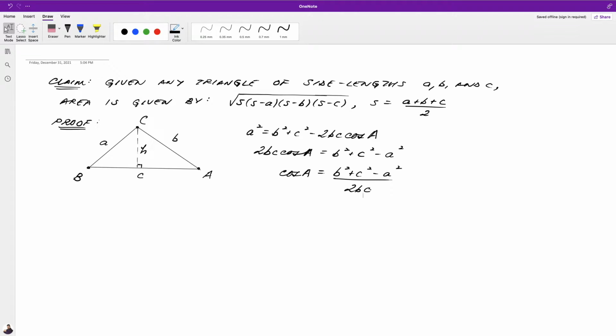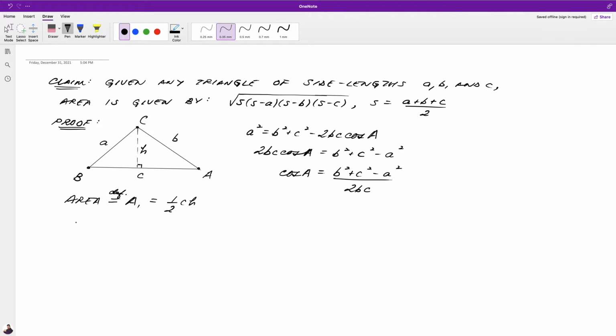Well, I want to go ahead and find the area because that's ultimately what I'm going to try to set equal to this right here. Area here, and we're going to define it as just big A sub 1. That's going to be equal to 1/2 CH, 1/2 base times height.